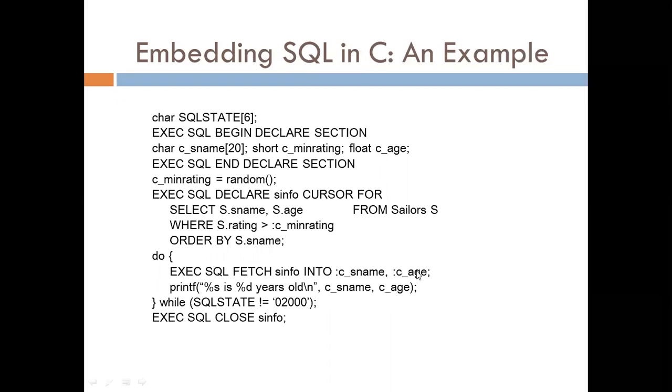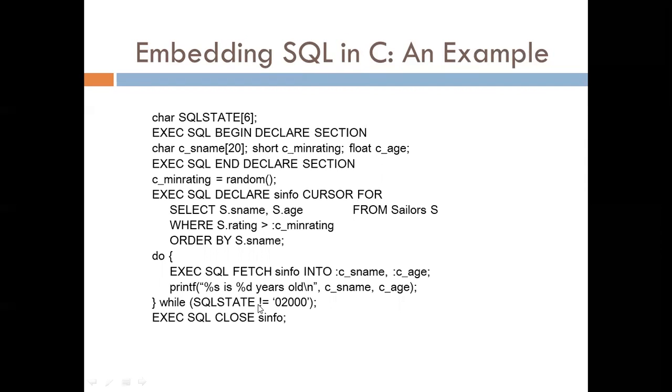Now these two C programming variables will hold the name and age of the first row returned by the query. And then we can print it in a normal printf statement. So printf percentage s is percentage d years old, so the name will be printed here. This particular person is this many years old. That printf statement gets executed and it is printed on the C console.